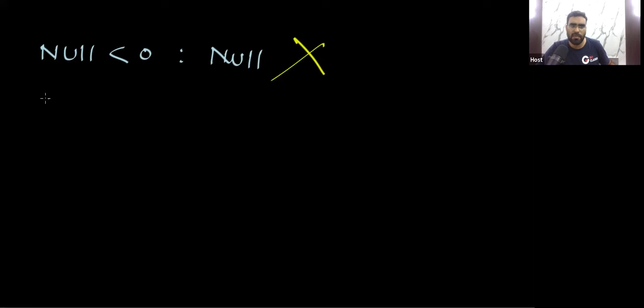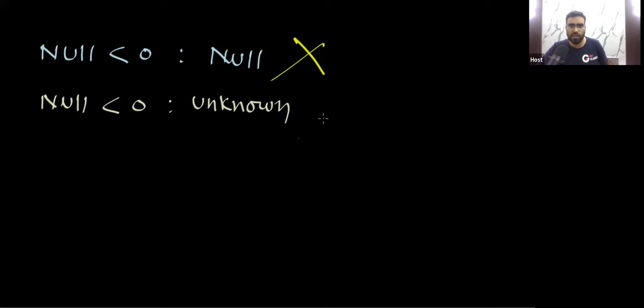I have seen many students casually say that null less than 0 is a comparison, so the result will be null. Is this correct? This is wrong. Remember, comparison with null gives a truth value that is unknown.